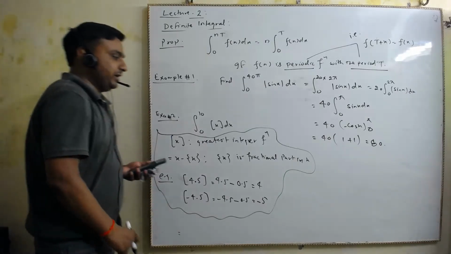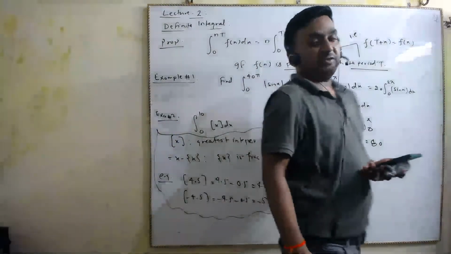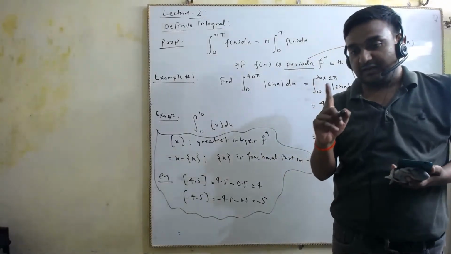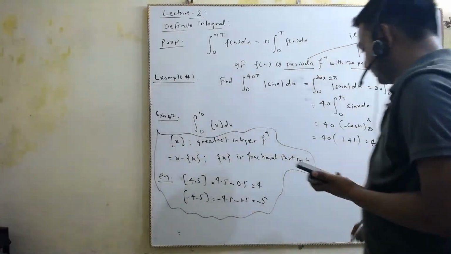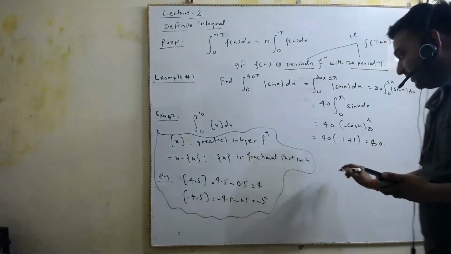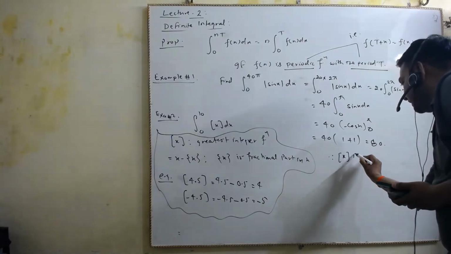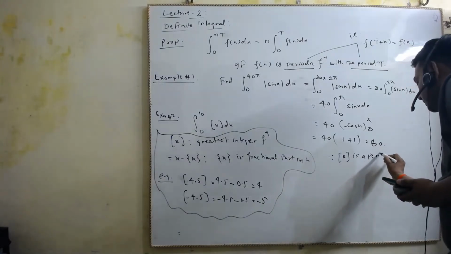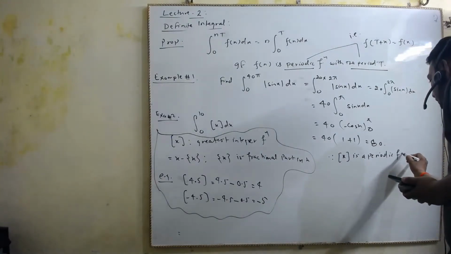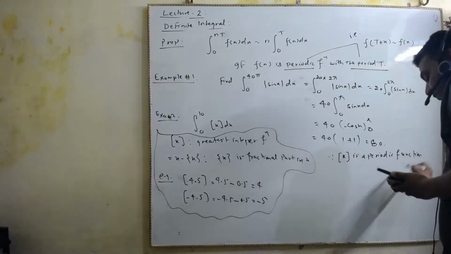Now it has become easy. So this is a periodic function with the period 1. So what you can say here, dear fellows, since greatest integer x is a periodic function, right?